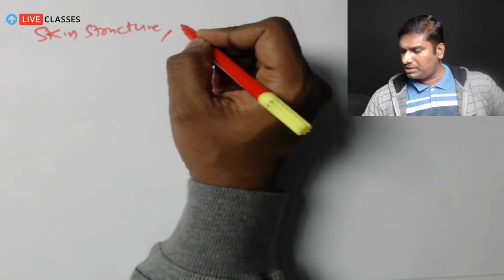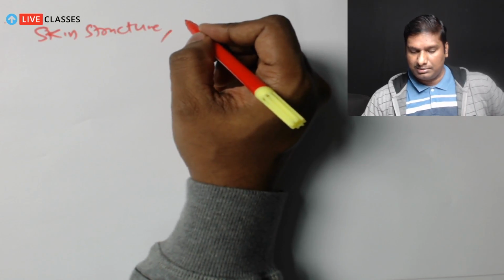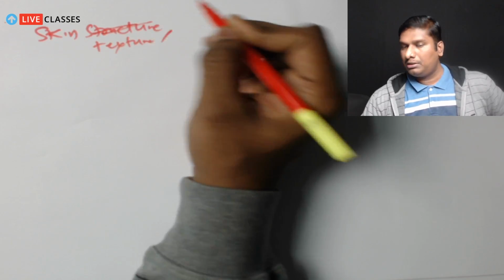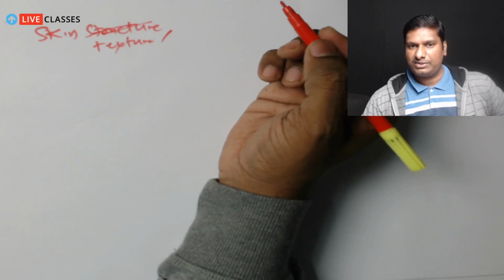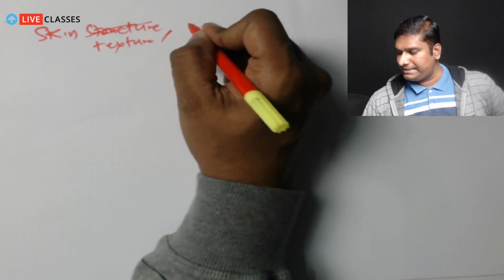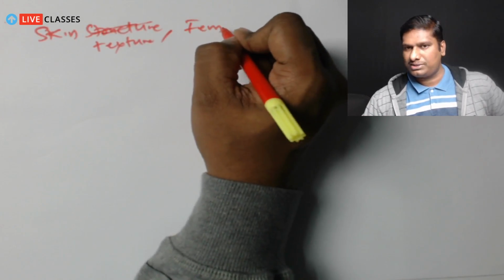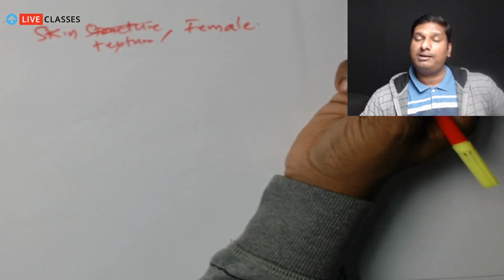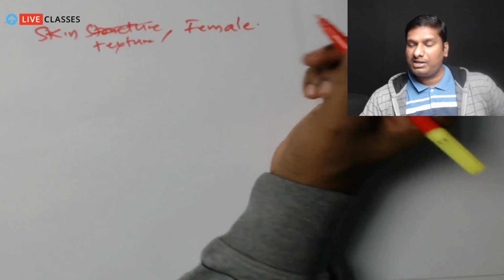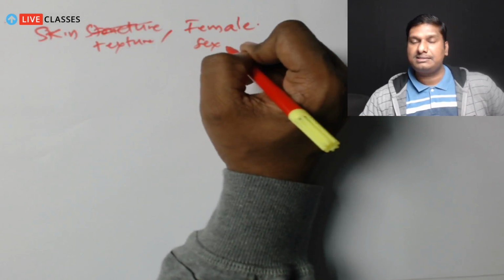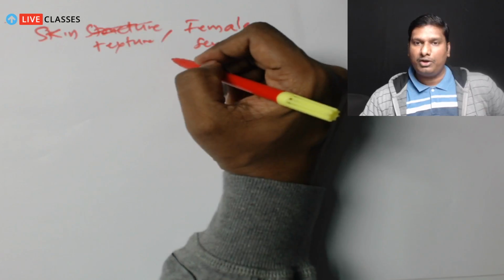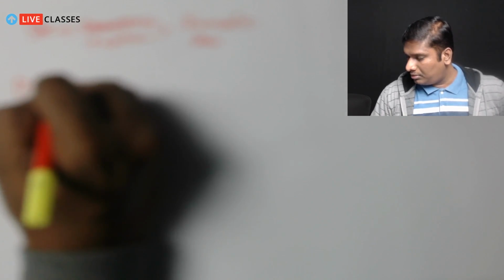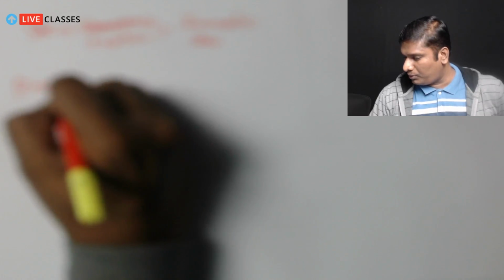They're also responsible for the skin structure and skin texture, and the female sexual behavior, just like your testosterone, your androgens, which are responsible for male sexual behavior. The female sexual behavior is under the control of your estrogens. So that is about estrogen. Then you have progesterone.